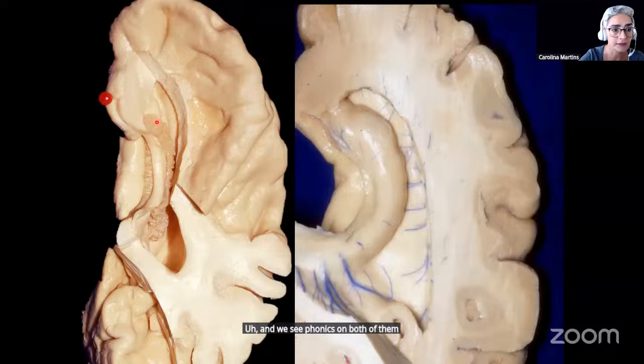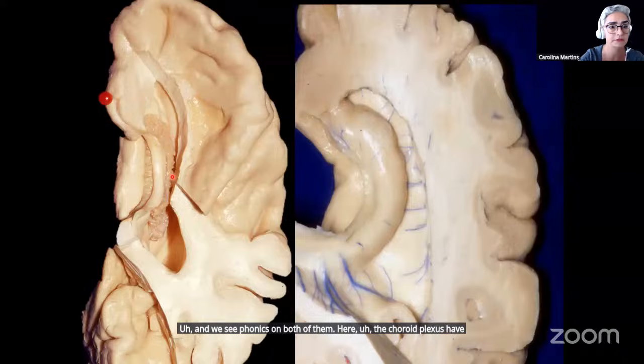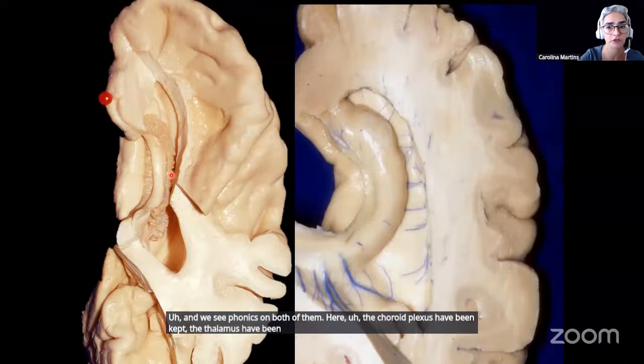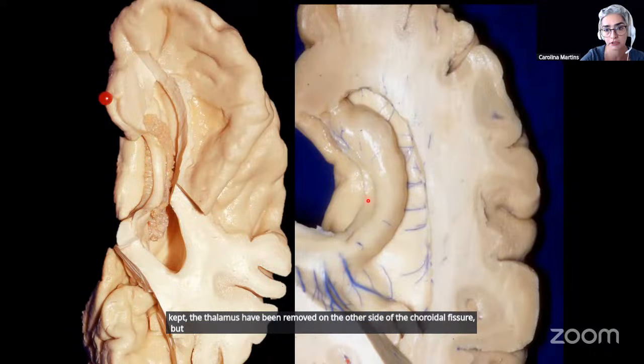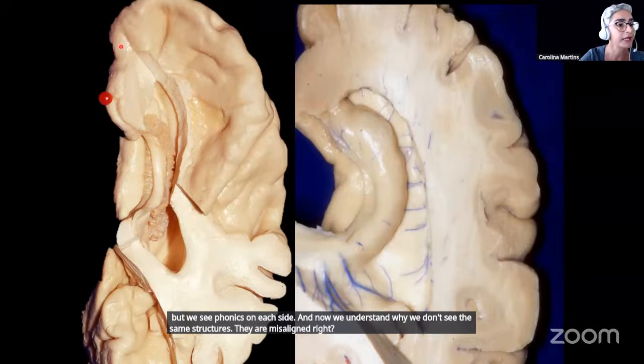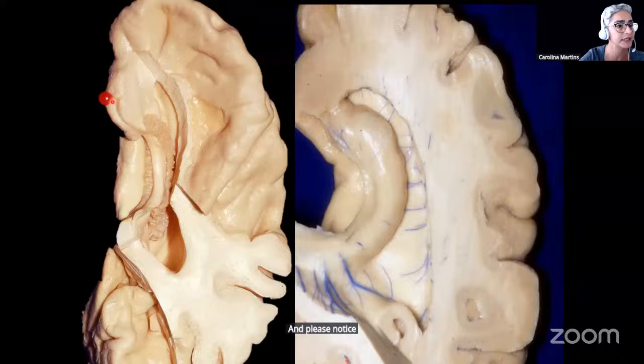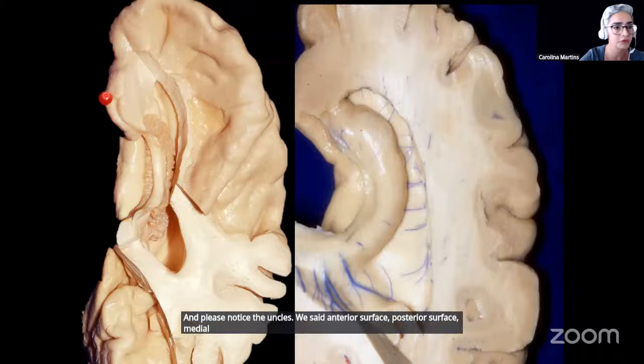And we see fornix on both of them. Here, the choroid plexus has been kept, the thalamus has been removed on the other side of the choroidal fissure, but we see fornix on each side. And now we understand why we don't see the same structures. They are misaligned, right? And please notice the uncus. We said anterior surface, posterior surface, medial apex of uncus.